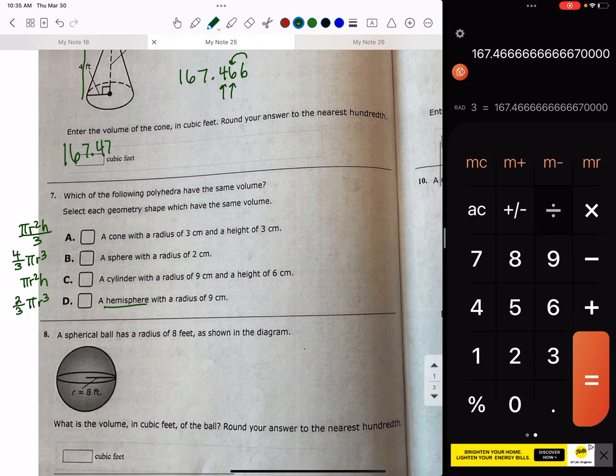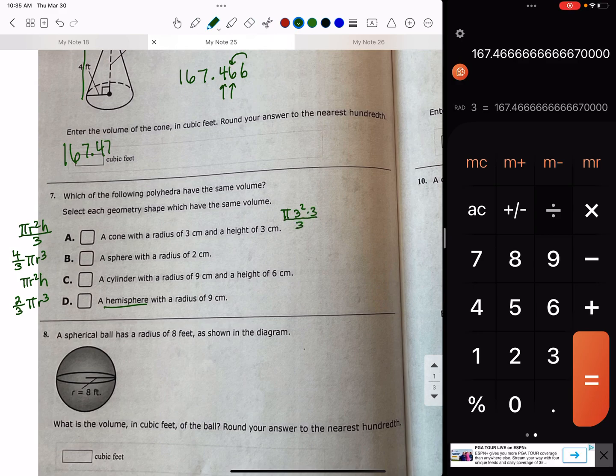All right, let's see if we can figure these out. A cone with a radius, so we have pi times 3 squared, the height times another 3, and then divided by 3. All right, 9 times 3 is 27. 27 pi divided by 3 is 9 pi. Okay, a sphere with radius of 2. 4/3 pi times 2 to the third power.